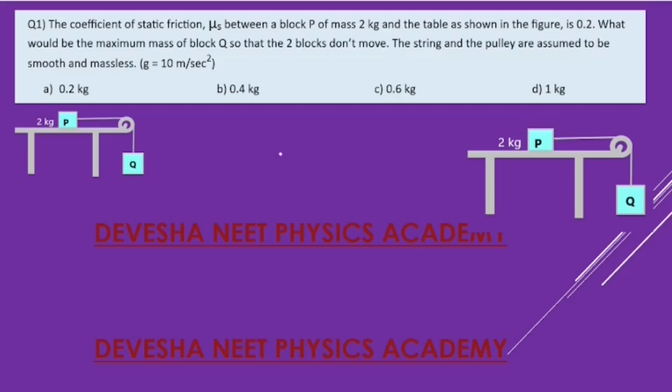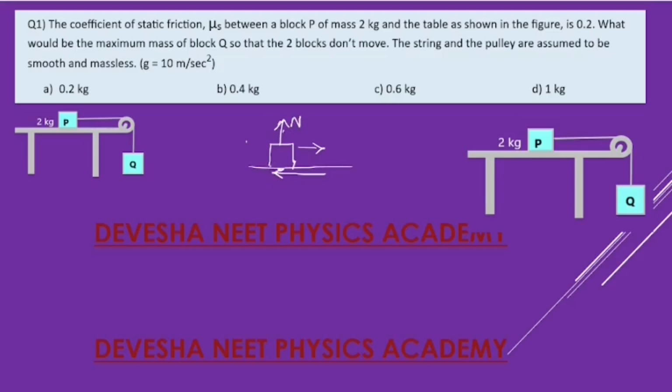For example, imagine that there is a body here which is trying to move here. So the friction will oppose this motion. Friction will oppose this motion, and the magnitude of the friction will be mu times the normal reaction.